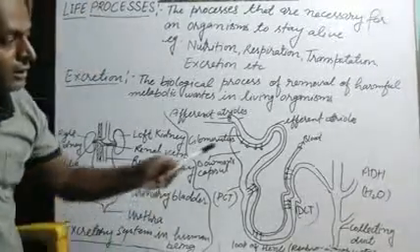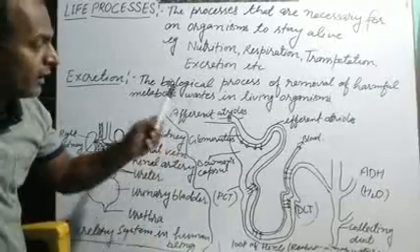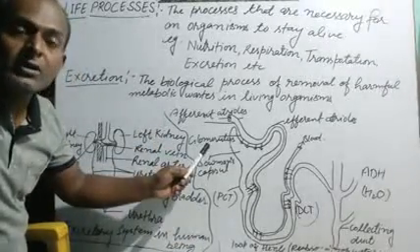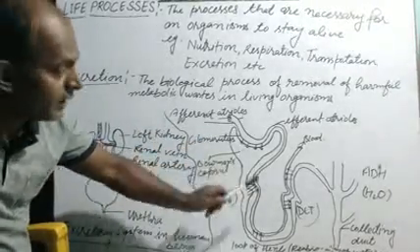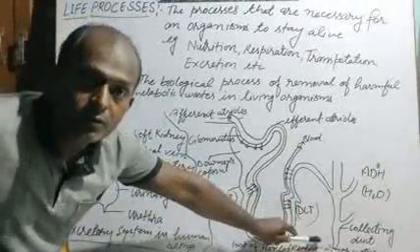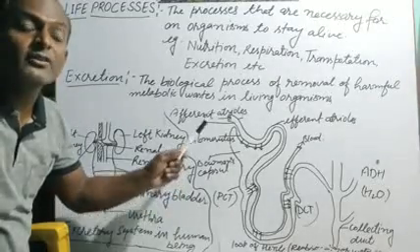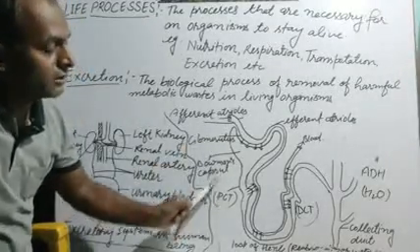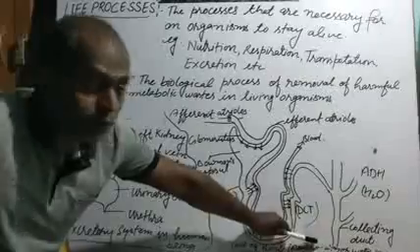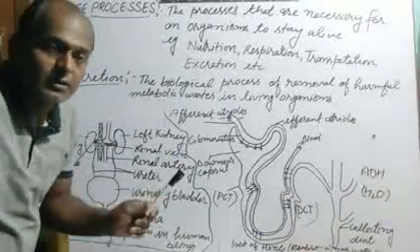In other words, when there is a proper amount of water in the body, the urine will be dilute, and when the amount of water in the body is low, the urine will be concentrated.